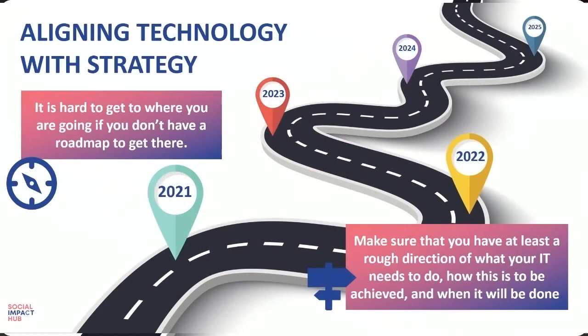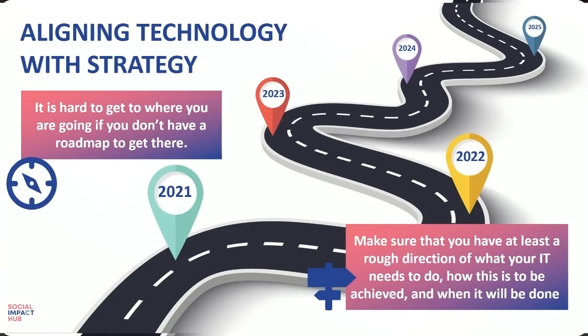Whenever you're choosing and selecting technology to help elevate and sustain your impact, it's very important that you have a plan to ensure that your technology and your overall business or enterprise strategy have a degree of alignment. You need to make sure that your technology of choice is supporting and contributing towards the overall objectives of your organization.